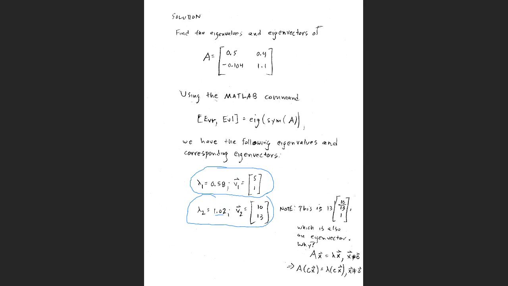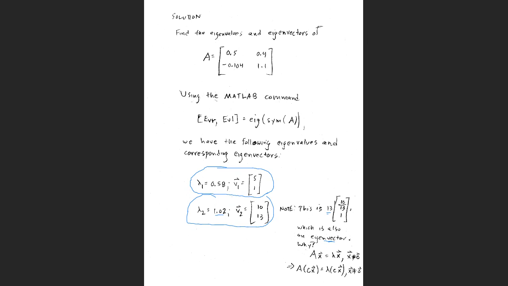So originally, the eigenvector corresponding to 1.02 or 51/50 was 10/13 and 1. But generally I like to try to avoid fractions. So what I did was I just multiplied the 10/13, 1 eigenvector by 13, and that's also going to be an eigenvector. Why is that?